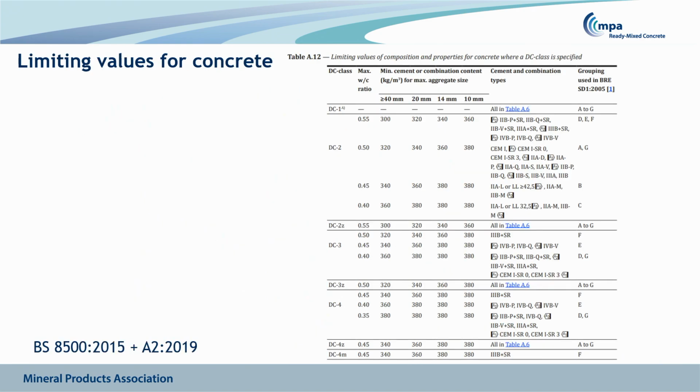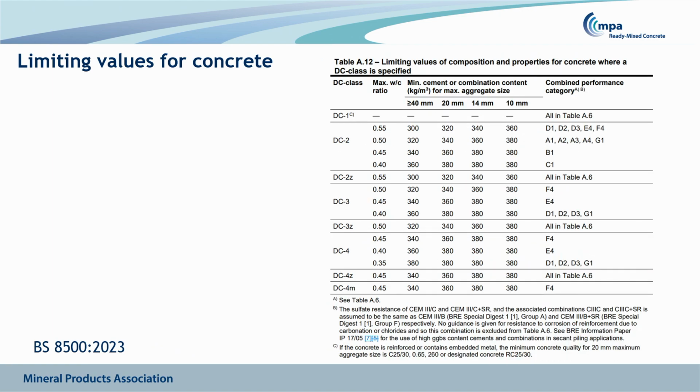What this allows us to do, though, is if we take, for example, sulfate attack, and we look at the previous version of the standard, the way that it looks now is far simplified. You can simply refer to the combined performance category, and you can look at Table A6 and determine which cements fit within that category.